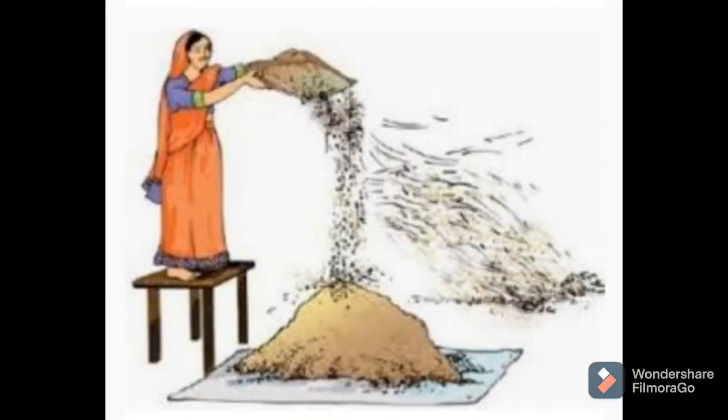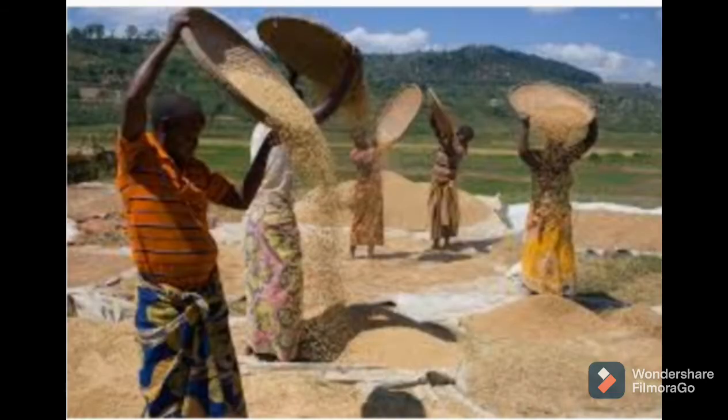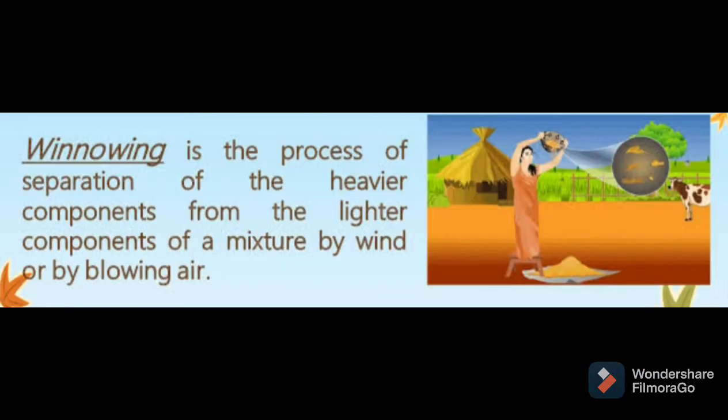You can see in the picture how the lady separates the lighter particles from the heavier particles. As the wind blows, the lighter particles are blown away, and the heavier grains fall down and are separated from each other. So winnowing is the process to separate lighter particles from heavier particles.